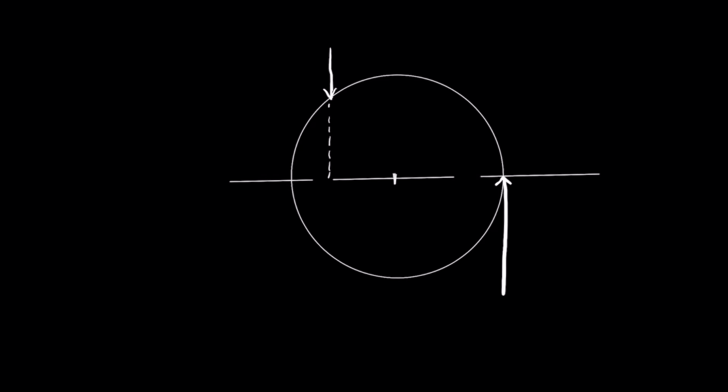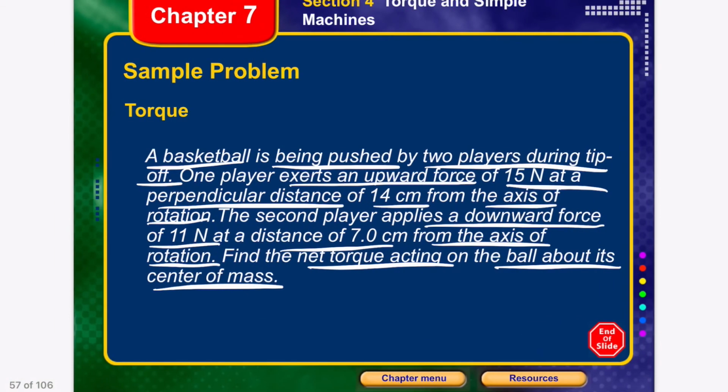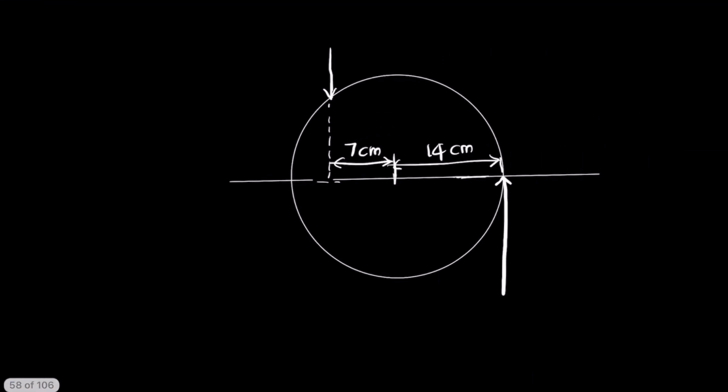So this distance right here is 14 centimeters and this distance right here is 7 centimeters. On one side the force being applied is 15 Newton, the other side it's 11 Newton.